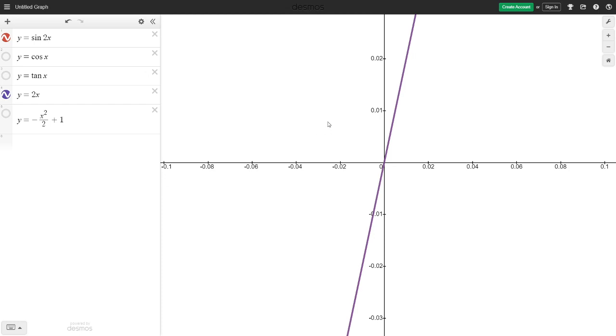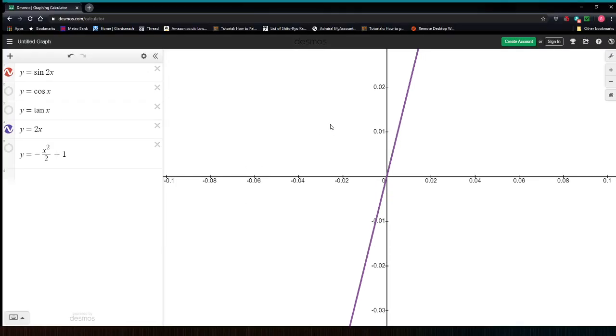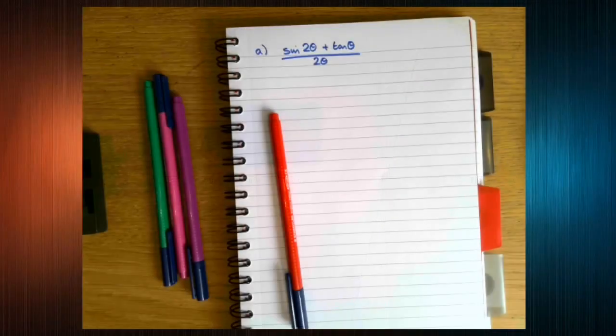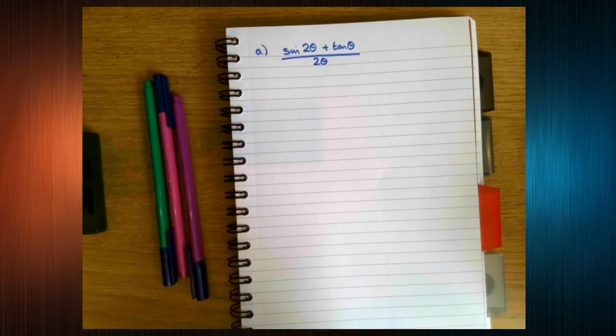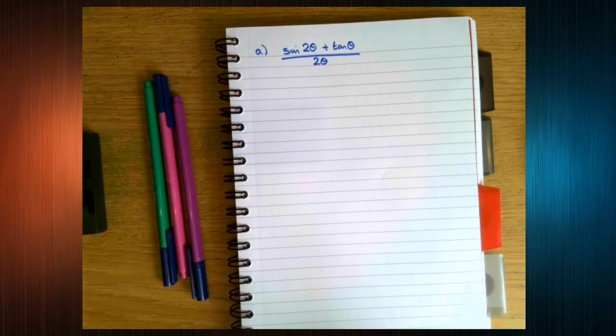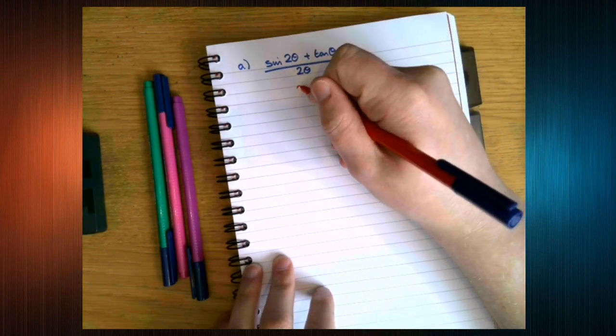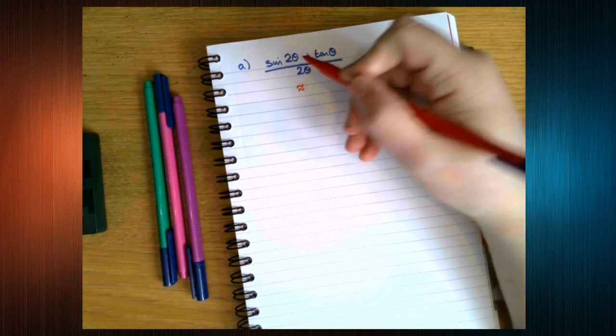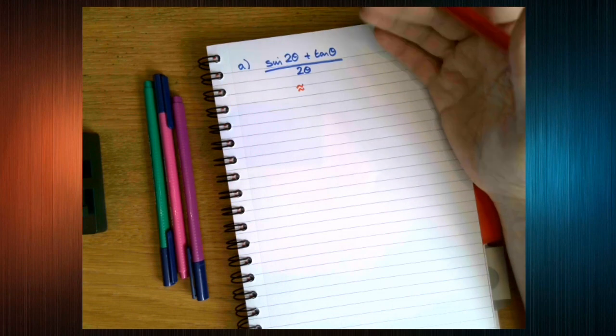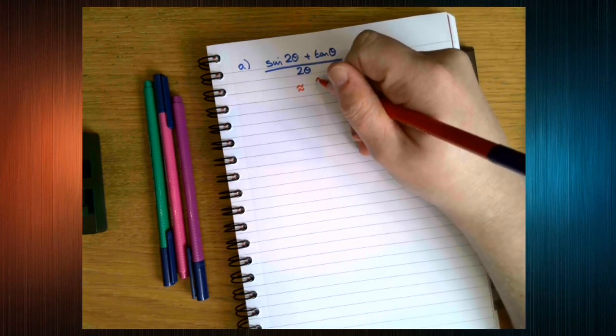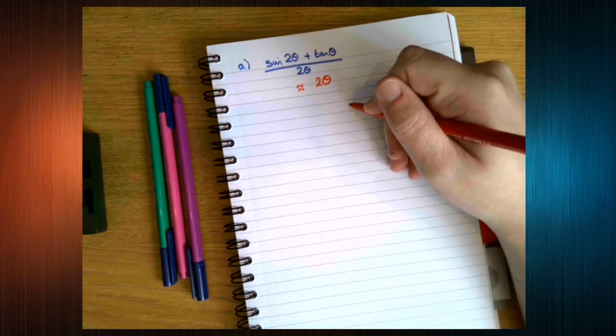So the thing with the small angle approximations is if you have 2 theta, or any number inside the trig function, that just replaces the theta in the small angle approximation. So this is approximately equal to, so sine theta is approximately theta, so sine 2 theta is approximately 2 theta.